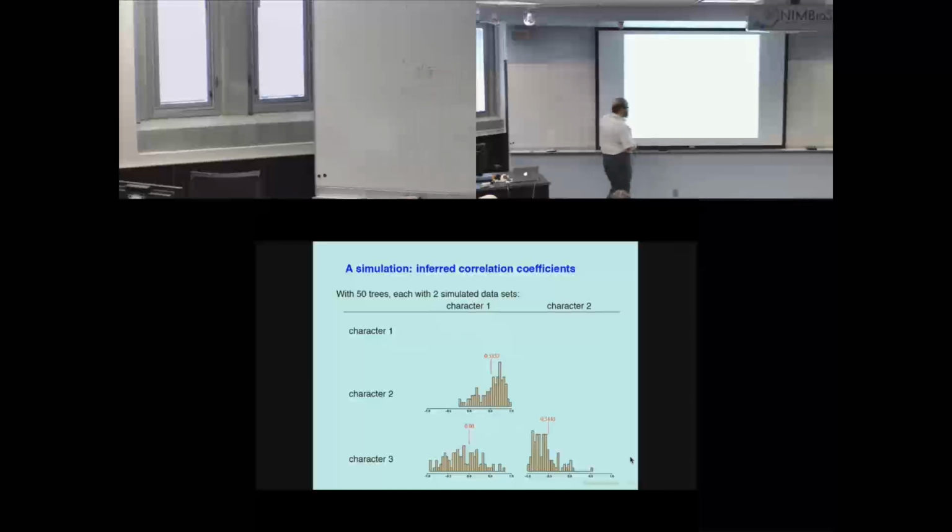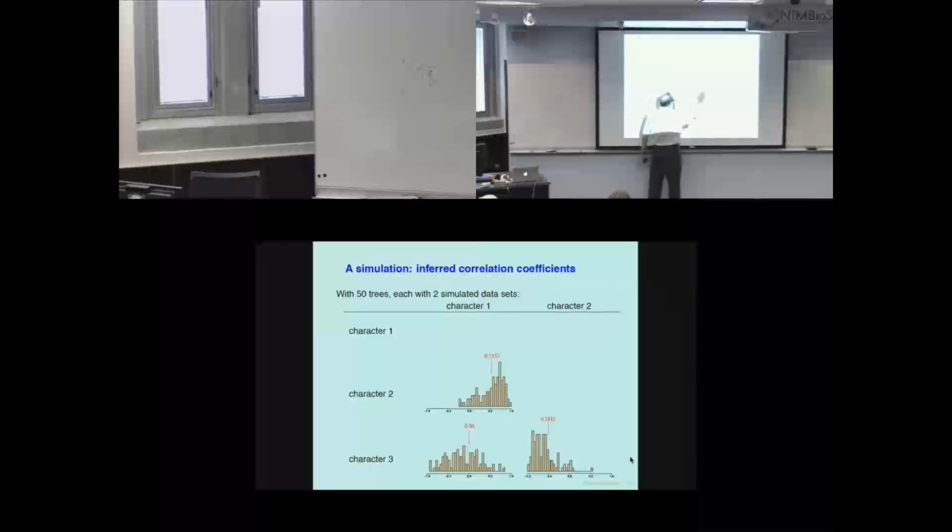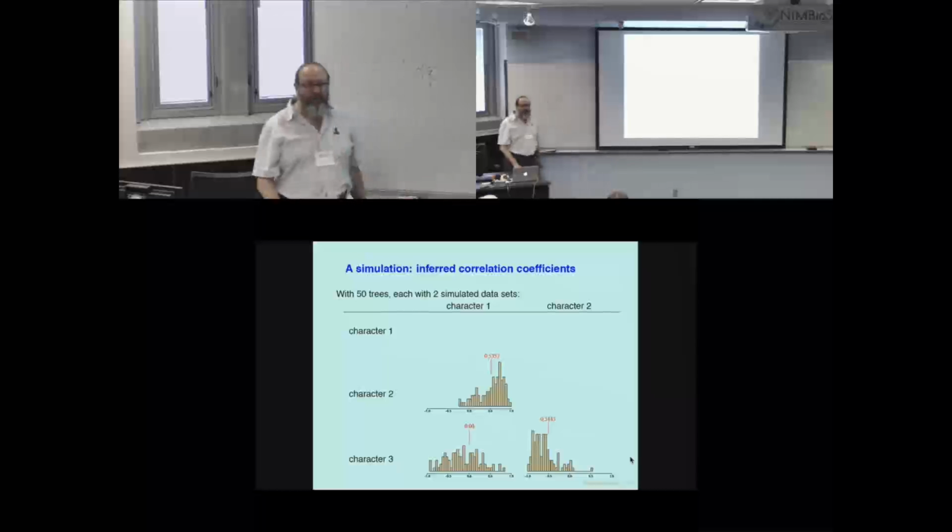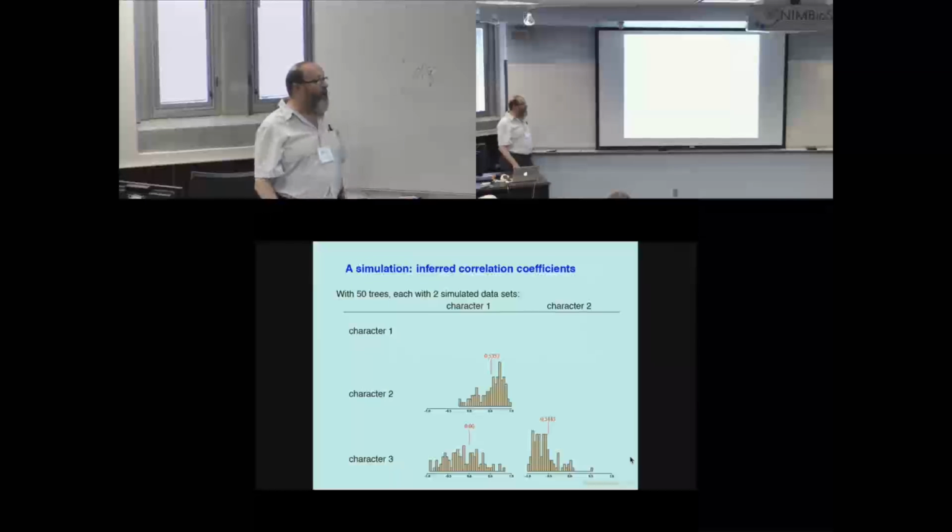So we look and we see, yes, we appear to get a cloud of results that centers around the true covariance. That's the good news. The bad news is it's quite uncertain. It's quite variable. And I'll come back to that in a moment. It's a little depressing in that respect. So it's sort of doing the right thing and sort of estimating the right covariances.